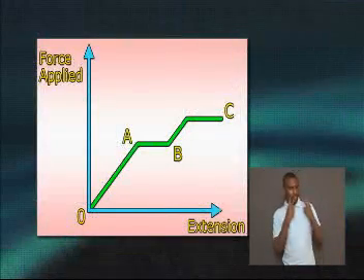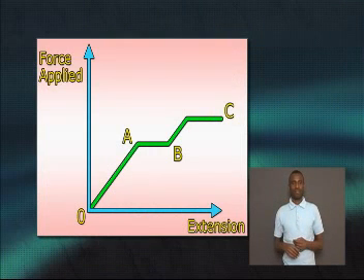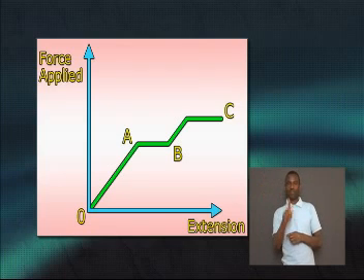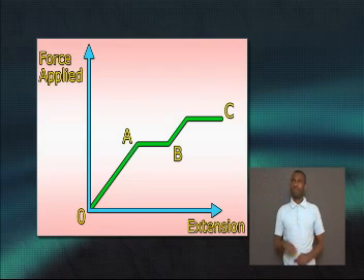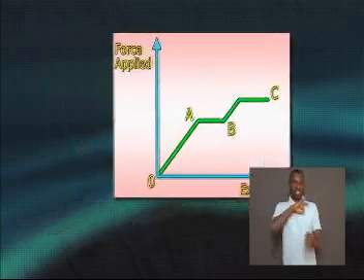Observe this graph. The plot shows an extension of a copper wire against an applied load. As you can see, the graph starts in a straight line. Over this range, the extension will be proportional to the applied force.